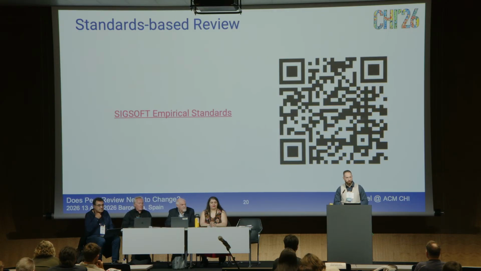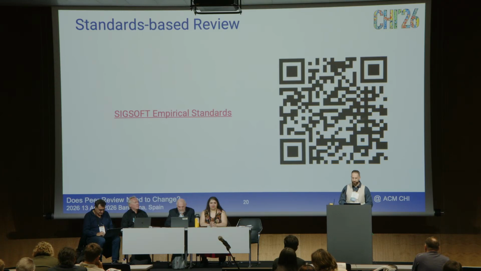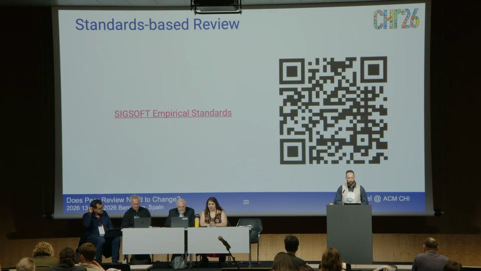Telling authors to use the standards is insufficient if reviewers do not. To work, peer review must revolve around the same standards. Therefore, my team operationalized our standards as tools for standards-based peer review. Everything I'm about to show you is free and open source and available on GitHub.